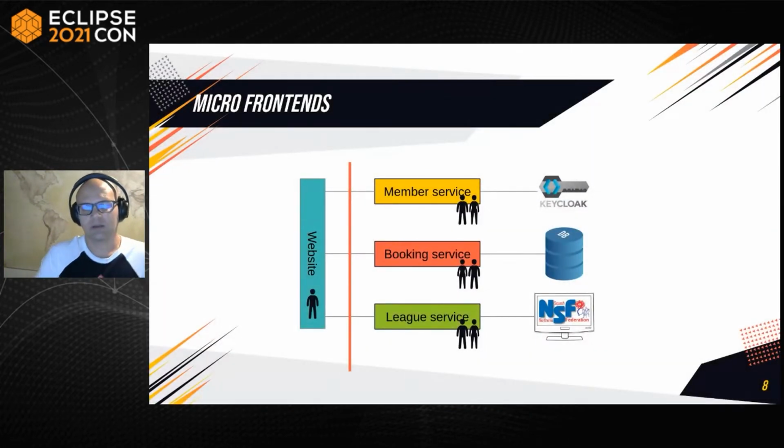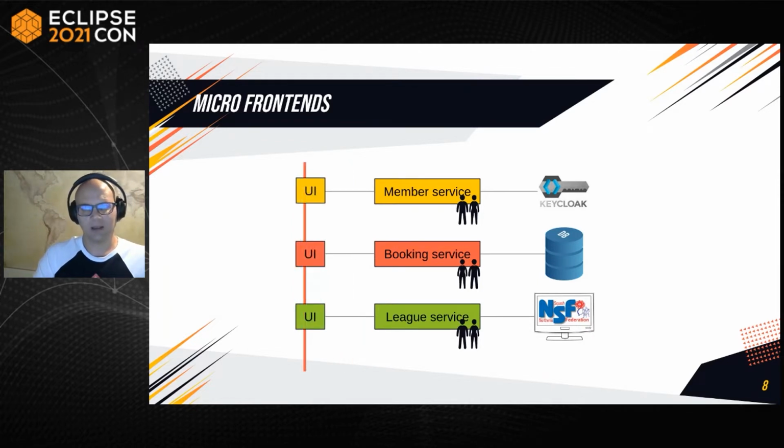So if we look at our architecture, what we want to do is take this line and move it as far as we can towards this side, basically allowing each business team or domain to also have a component or components, which now becomes the API. And that is what your website will consume.